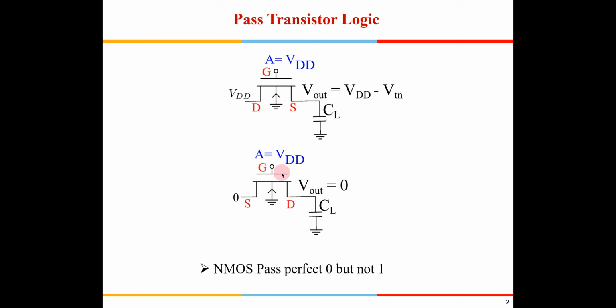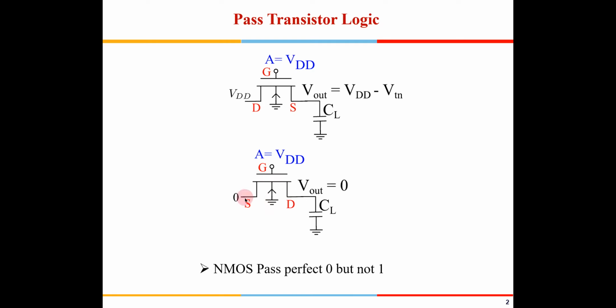But when we have to transmit a 0, we give a 0 here, and suppose this is VDD initially. Now if you see here, this becomes the source. Why? Because again, the positive charges are going to flow from the drain to source, and the electrons are going to flow in the opposite direction.